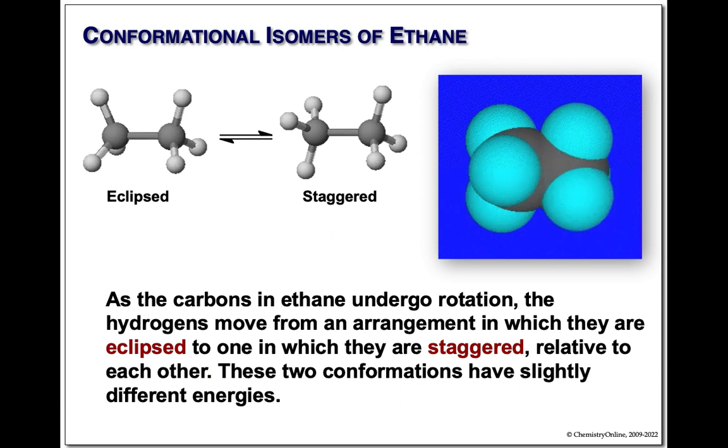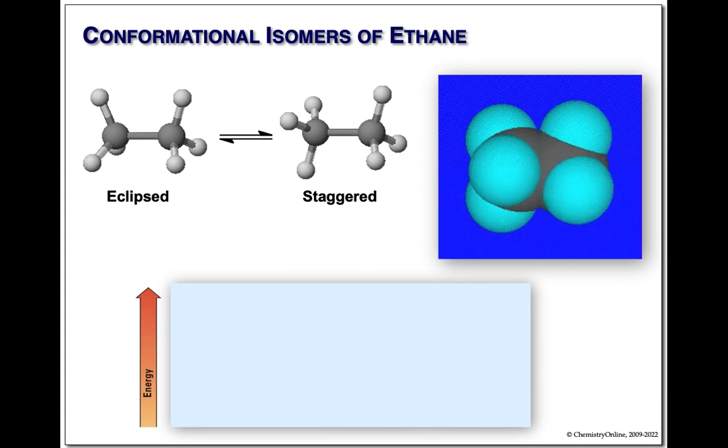See the little fuzzy stuff that shows up when this rotates to the eclipsed form? That's energy. This is hindering the rotation because they're kind of bumping into each other a little bit. We can show this with an energy plot.